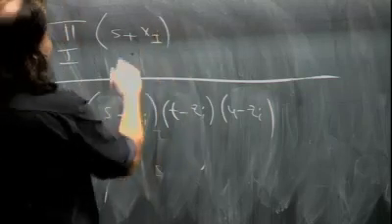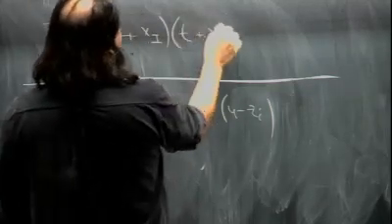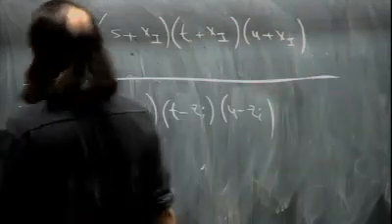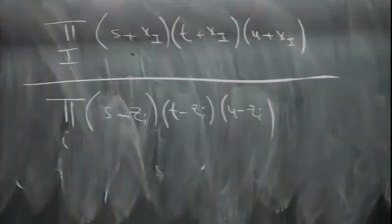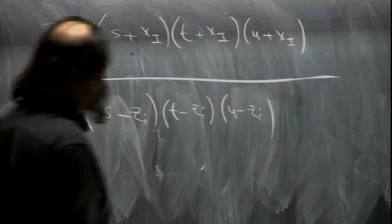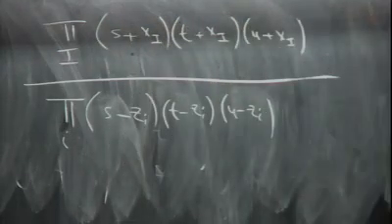You'll see why I put the plus there. It doesn't matter. But t plus xi, u plus xi. Is that clear? So this is the ansatz.